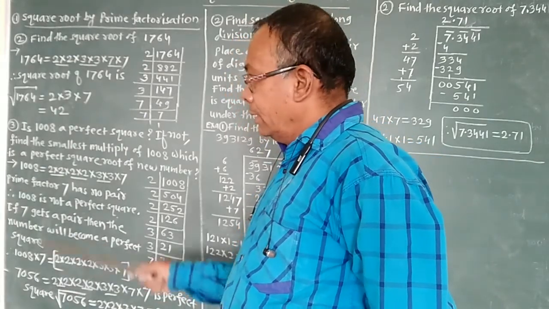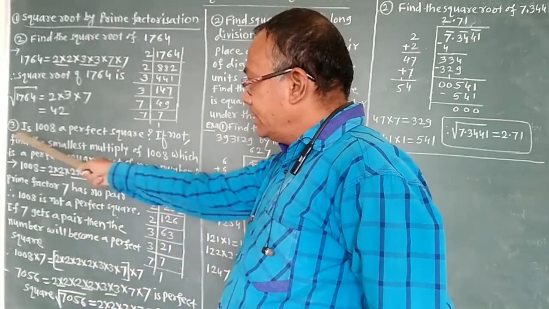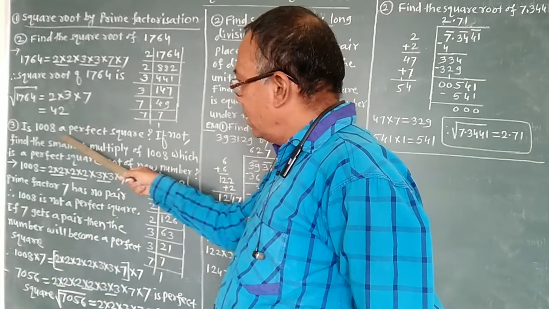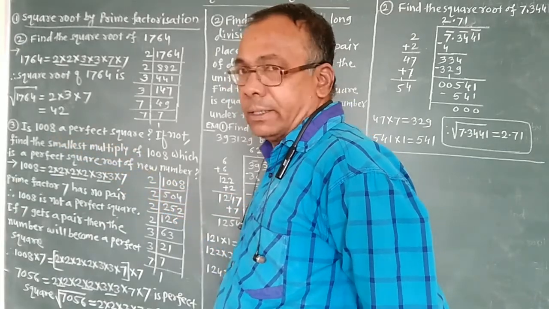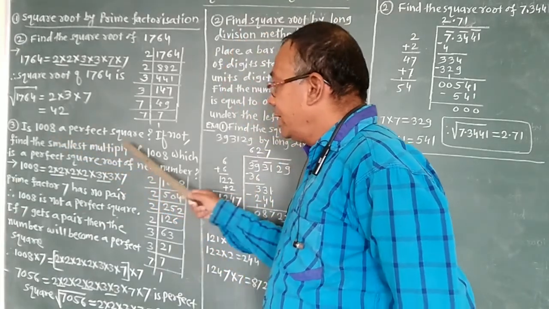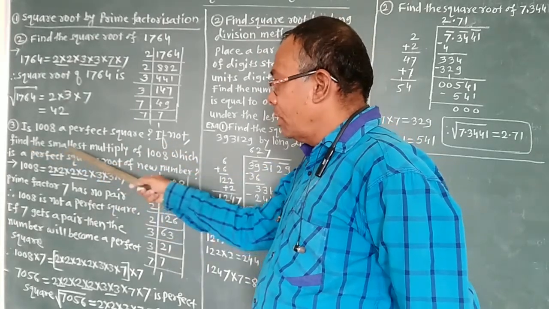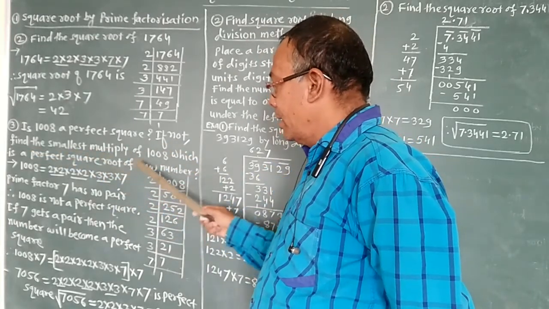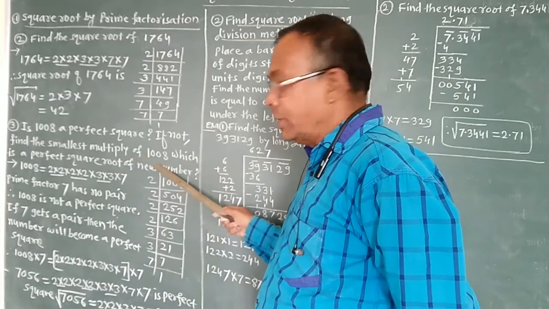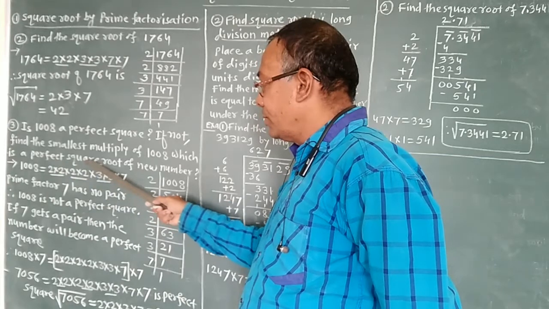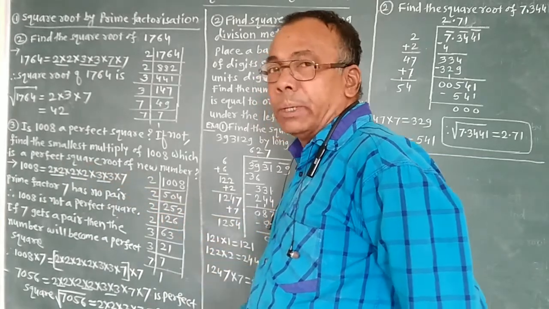Here it is given: is 1008 a perfect square? If it is not a perfect square, find the smallest multiple of 1008 which is a perfect square, and find the square root of the new number.